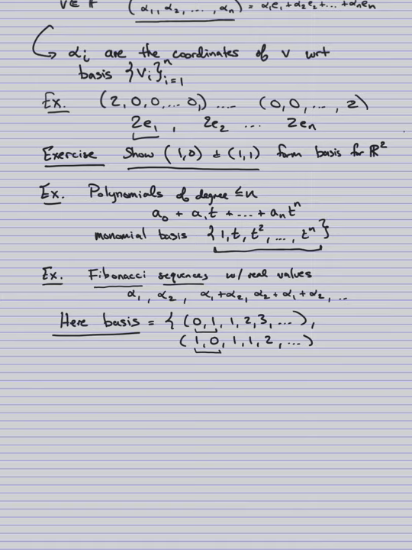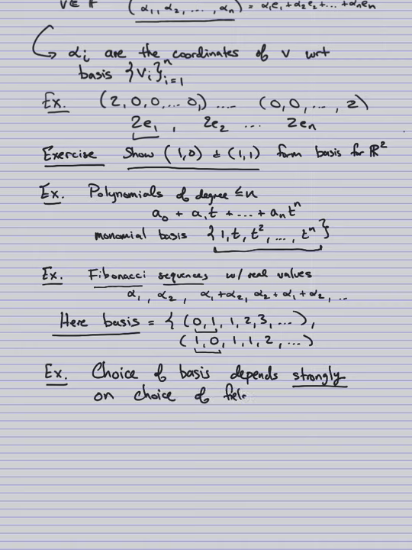Okay, so here's another example. This example is supposed to indicate that the choice of the basis depends strongly on the choice of the field F. What scalars you're allowed to multiply by certainly dictates what the bases are.